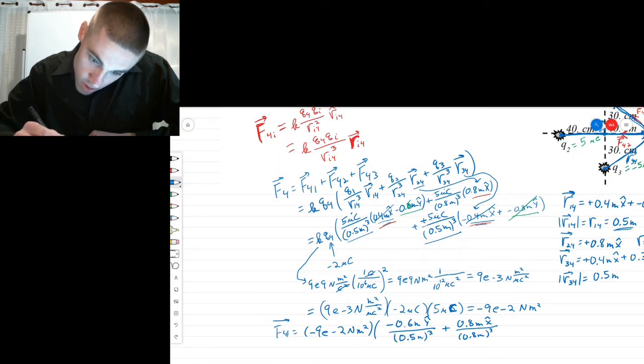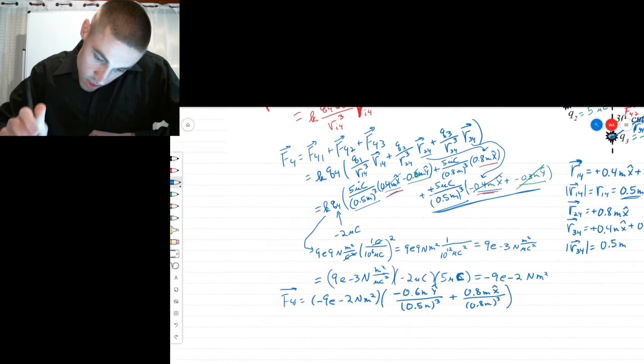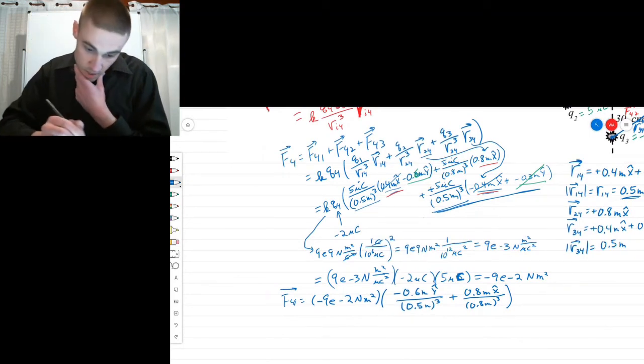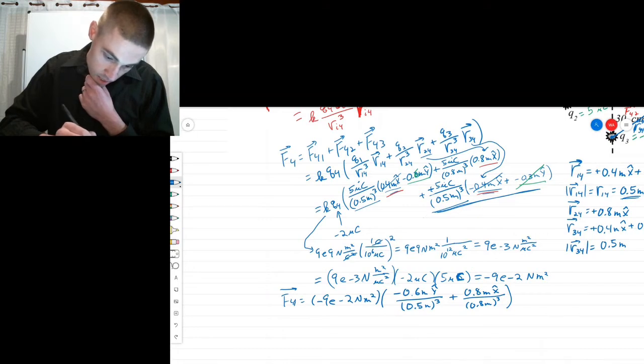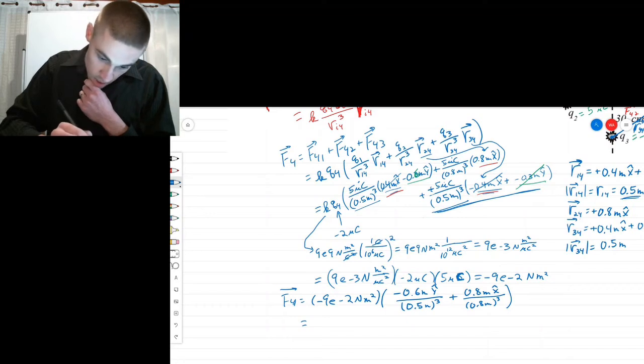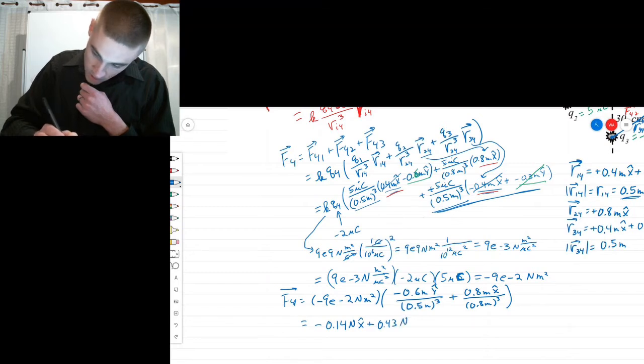And this whole third term has gone away. We canceled that out. So all I have to do is multiply together these last factors, and when I put that into my calculator, I get that the net force on Q4 is negative 0.14 newtons in the x-hat direction, plus 0.43 newtons in the y-hat direction.